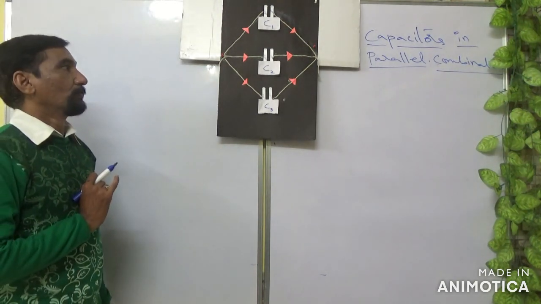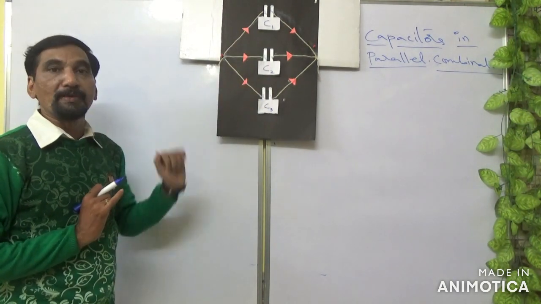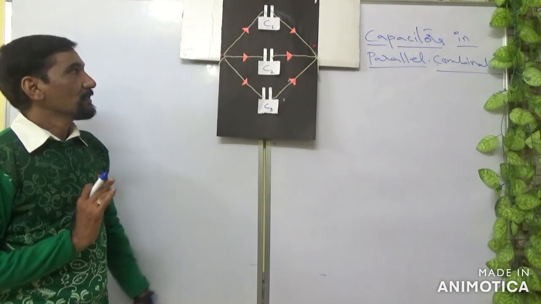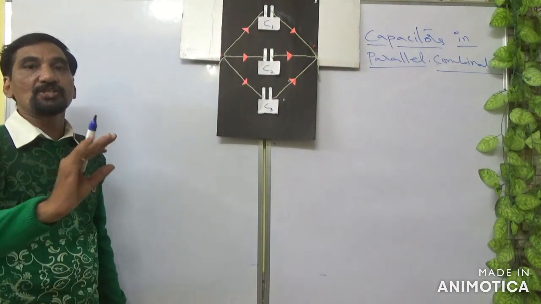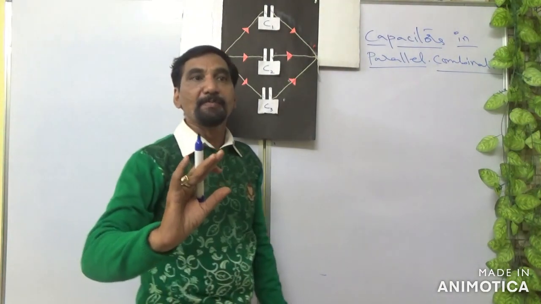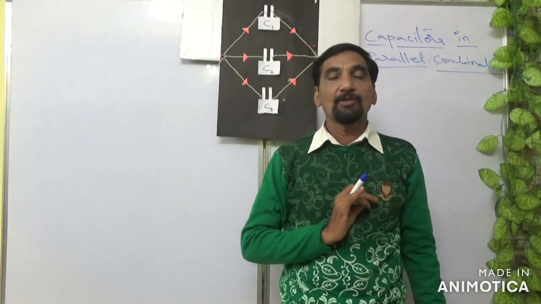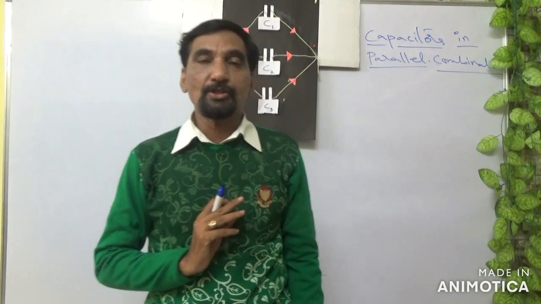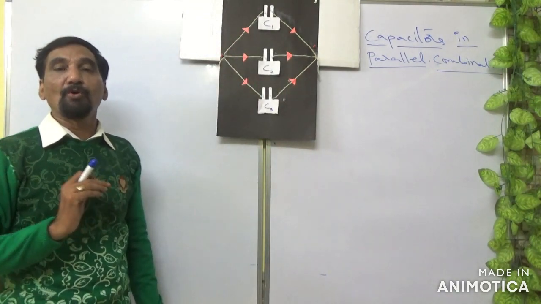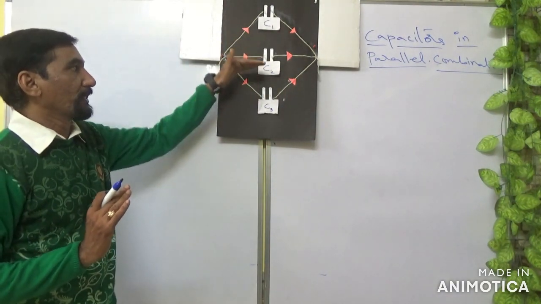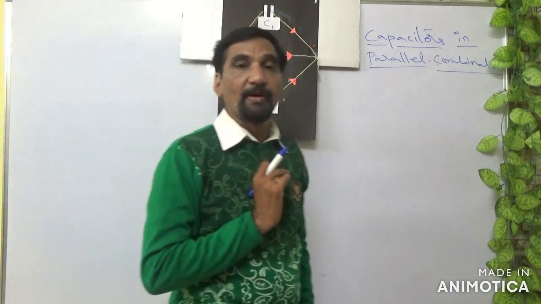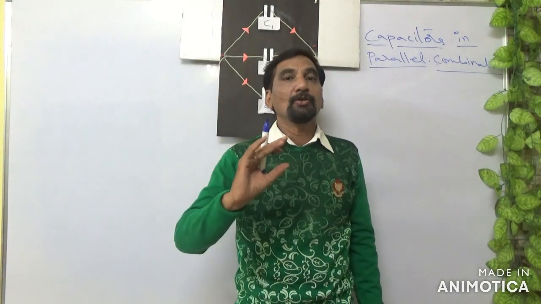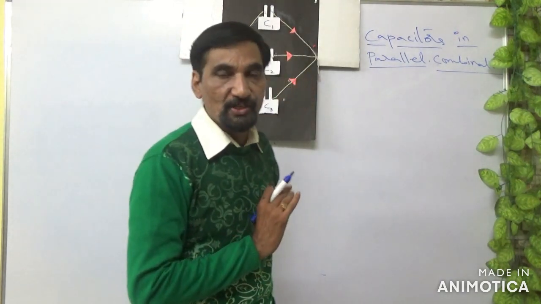Okay? Now, in case of parallel combination, remember, potential difference across each capacitor remains same. Okay? So, whenever capacitors are joined in parallel combination, potential difference across each one remains same, whereas in series combination, charge on each one remains same.